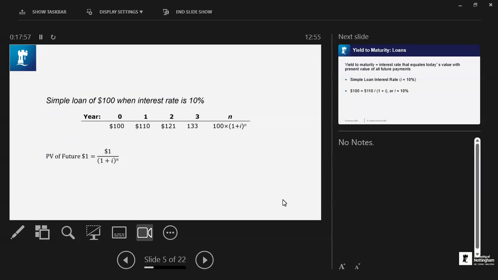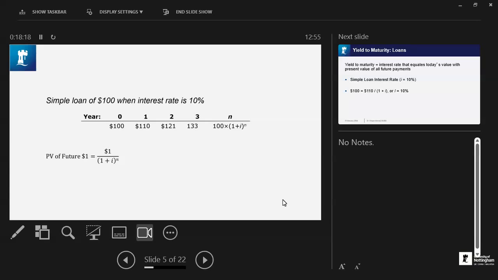Okay, so let's just quickly use this formula to value a bond. Or a loan, right? A bond is a loan. So here we have a simple loan of $100 when the interest rate is 10%.